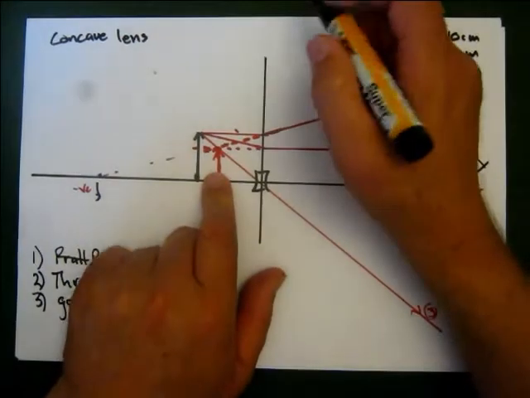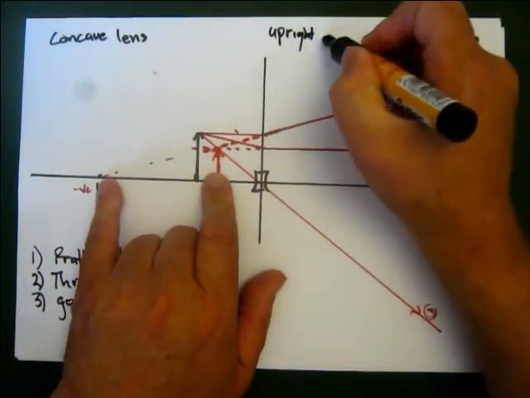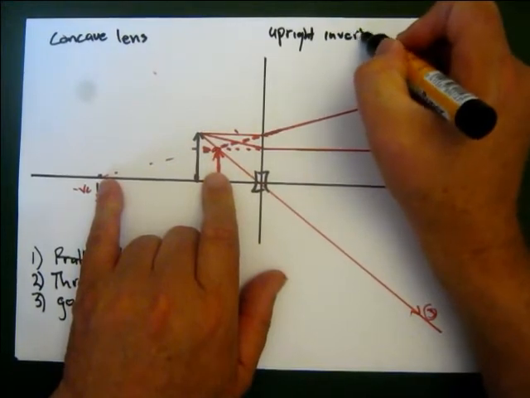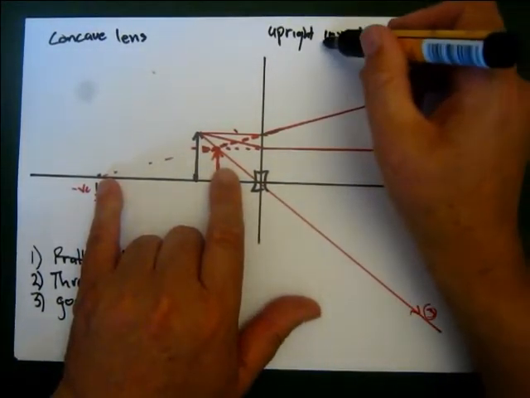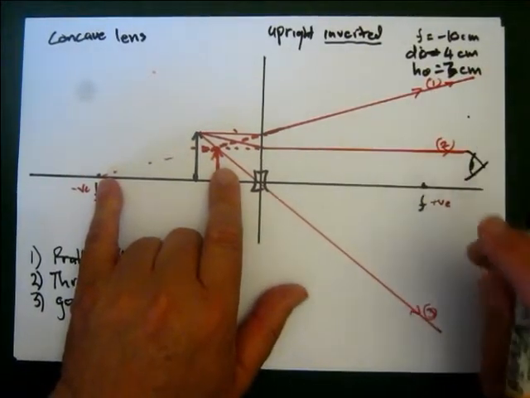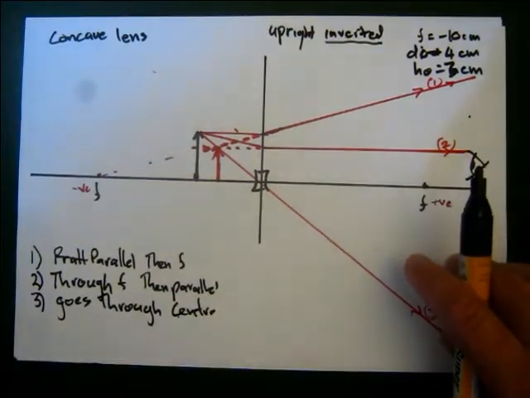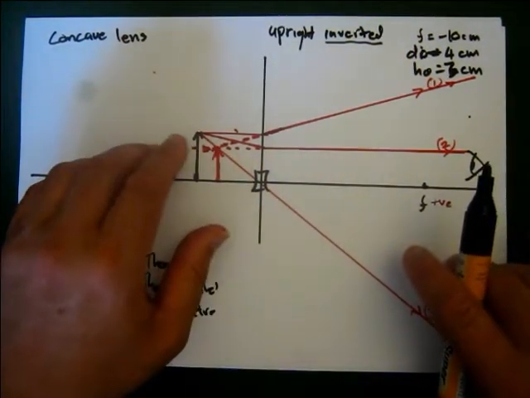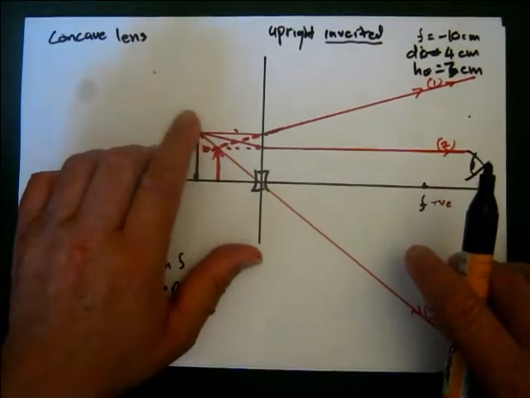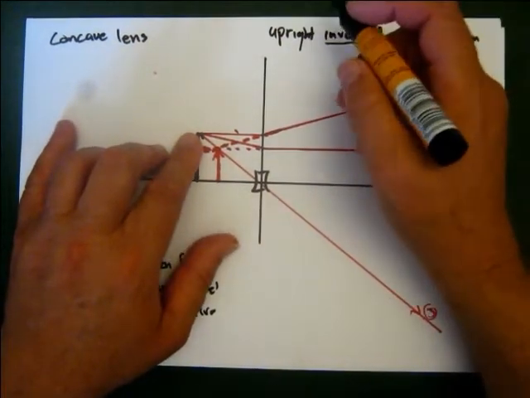So let's do the big 3, upright or inverted. Well, looking at that, it is the right way up, and for a concave lens, the image will always be the correct way up. In fact, most glasses, if you actually wear spectacles like I do, for people who are short-sighted, use concave lenses. So it's nice that the image is the right way up.